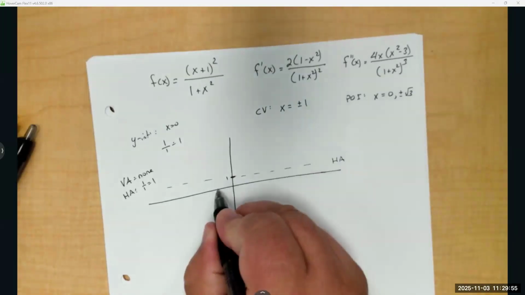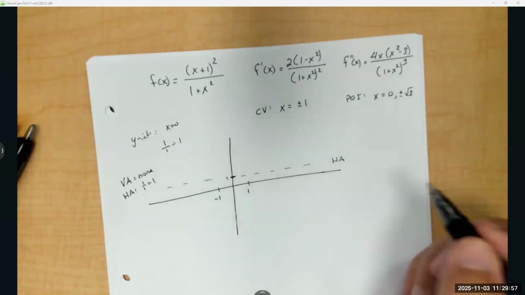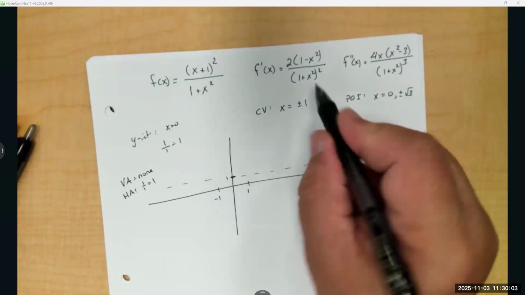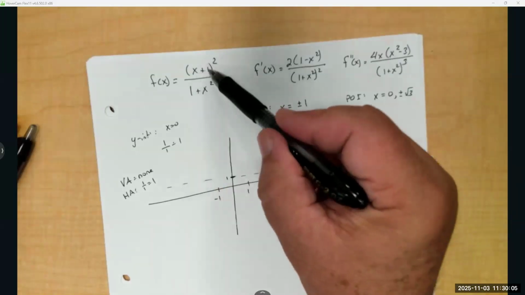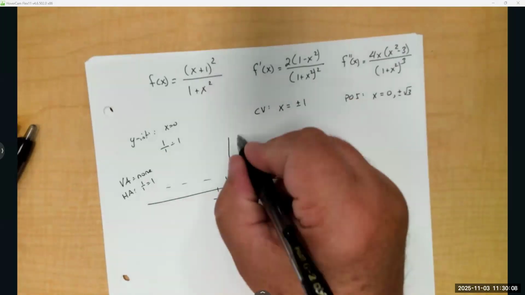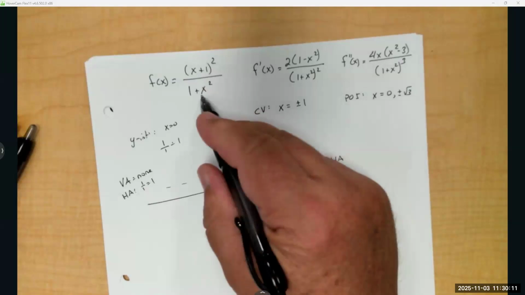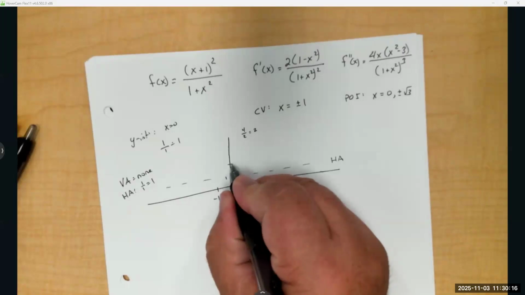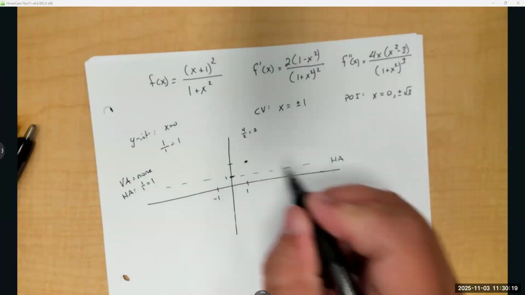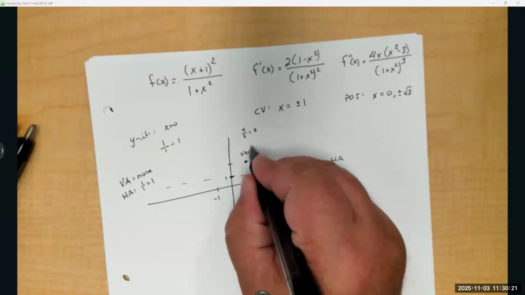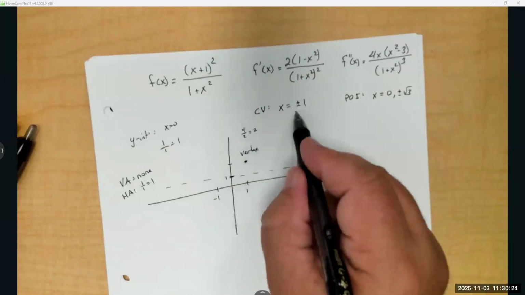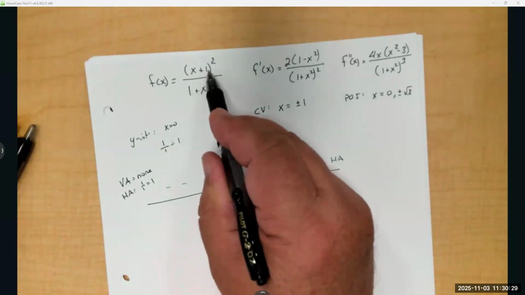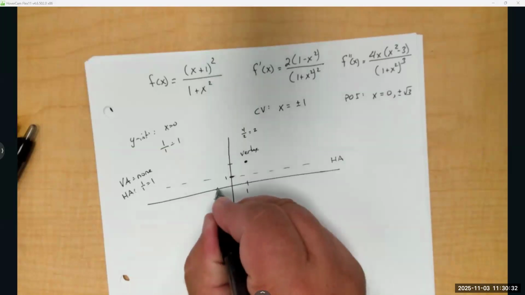Critical values at negative 1 and positive 1. So if we plug those into our original function, 1 plus 1 is 2, squared is 4, over 1 plus 1 is 2. So at 1, 2, we have a vertex. Now at negative 1, negative 1 plus 1 is 0, so it's a 0.